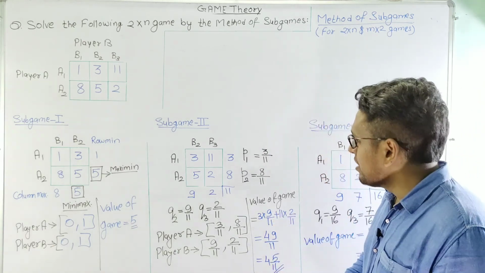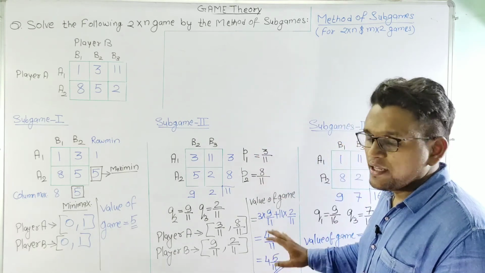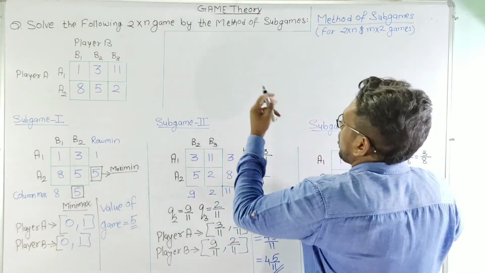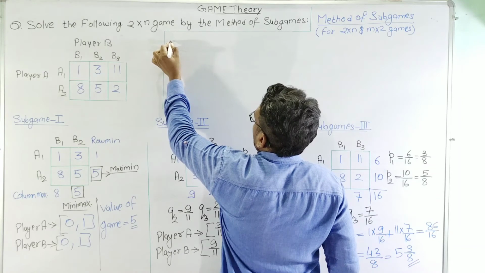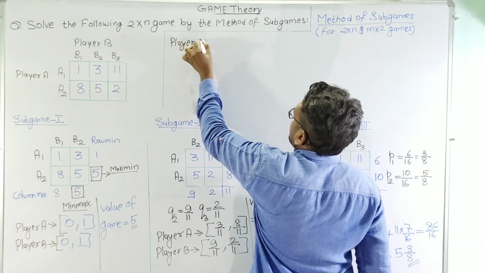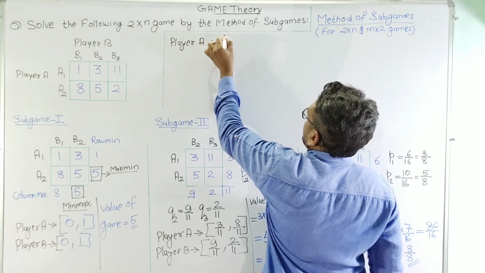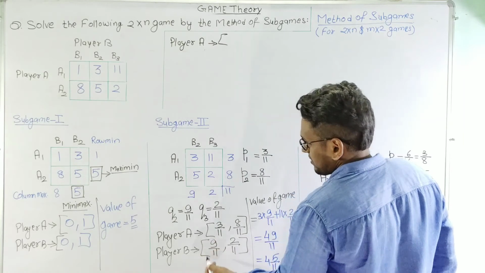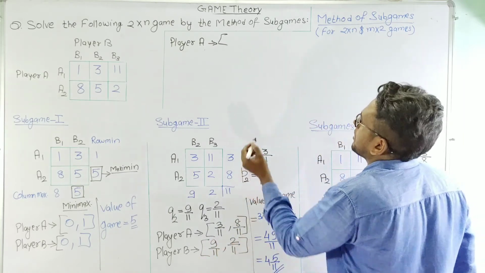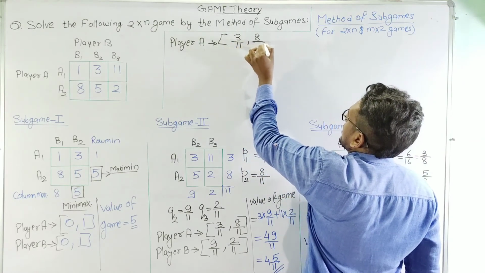So player B will try to play sub game 2, and after that we can say that the optimal strategy for player A can be as follows: 3 by 11 and 8 by 11.